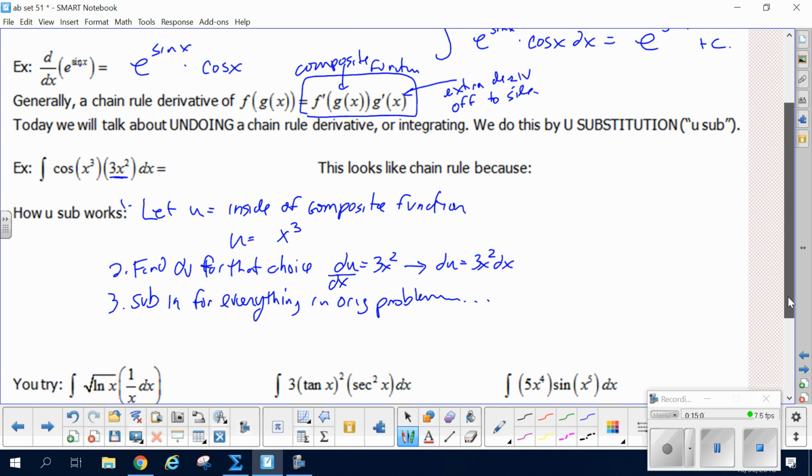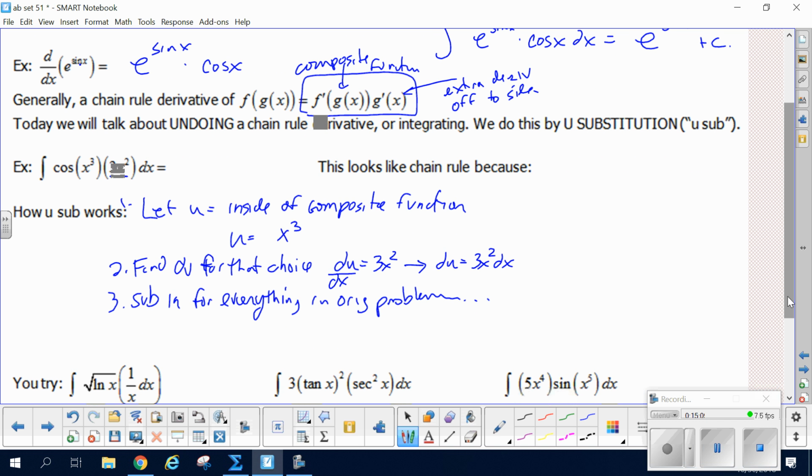That's why they call it U sub, obviously. The original problem had an integral, and I did nothing to replace it. Cosine, I'm not replacing with anything. Cosine's still there. What does get replaced is x cubed, which is going to be substituted with u. In place of x cubed, I put a u.